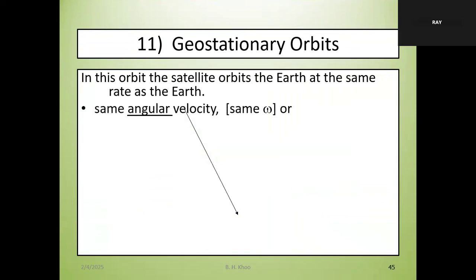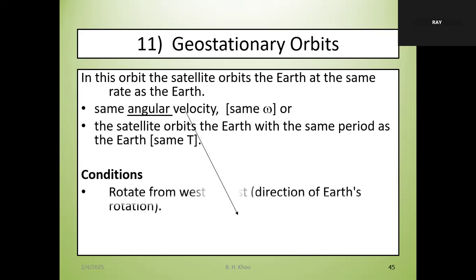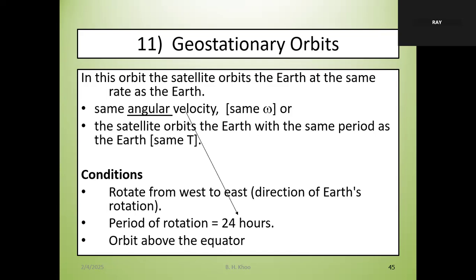Same angular velocity, that's what I mean by same rate. Either same rate or same period, same angular velocity or same period, same thing. So these are the conditions: from west to east, the direction of the Earth's rotation, period of 24 hours, orbit above the equator. That's for geostationary orbit.